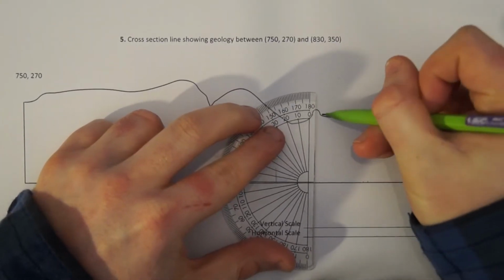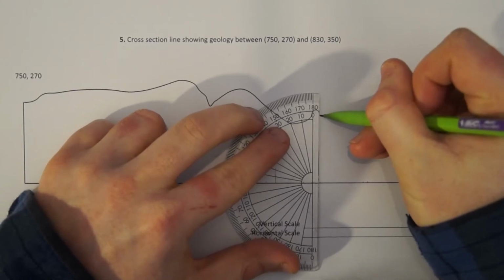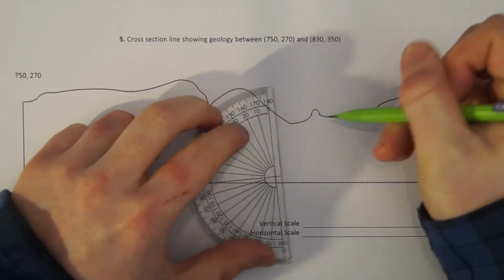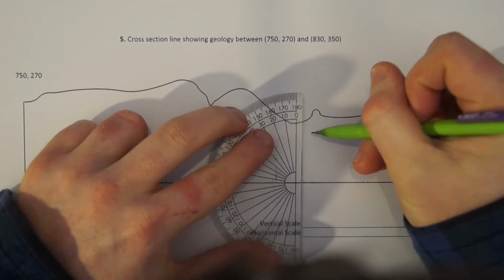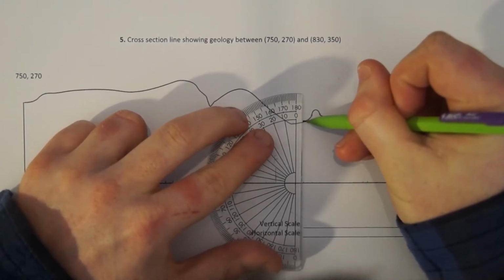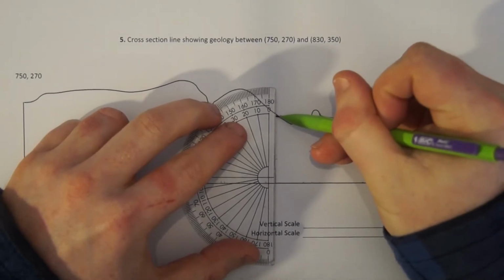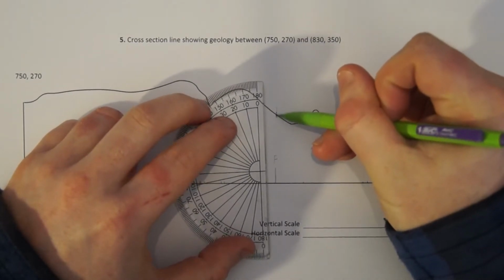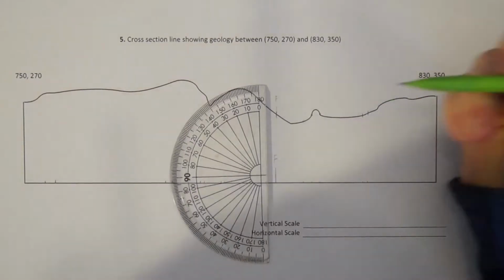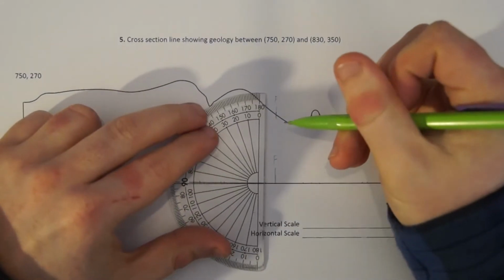There's one there, and there's one there either side of this little hill. There's another one there, and then my fault. That's about there, so I'll mark him a bit bigger with an F, so I know that he's important.